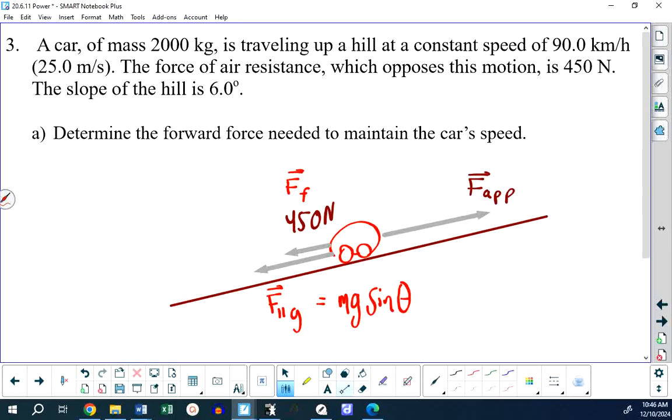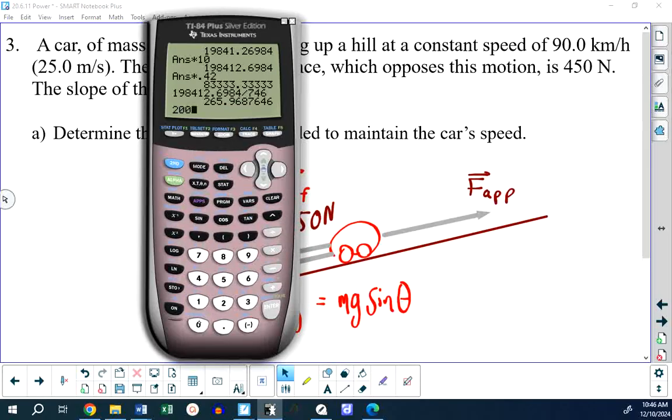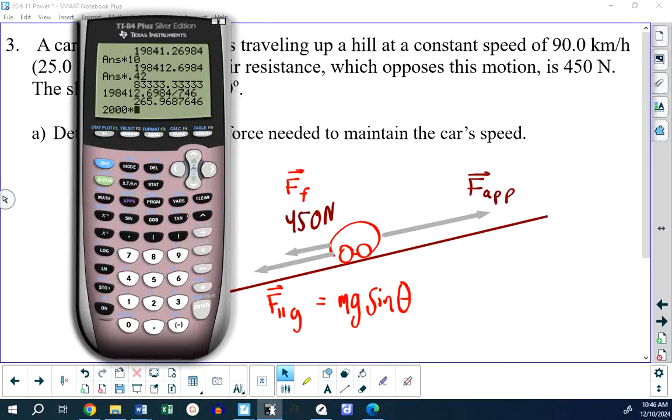You're doing off-roading at that point, going up mountainous hills. What's the mass? 2,000 times 9.81 times sine of 6. Make sure I'm in degrees, and I am. Does anybody else get about 2,050? It's 2,050.8.